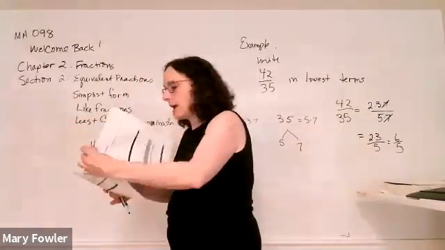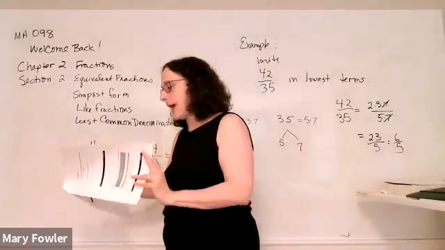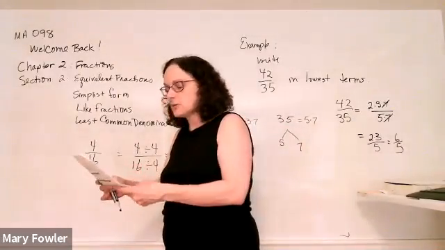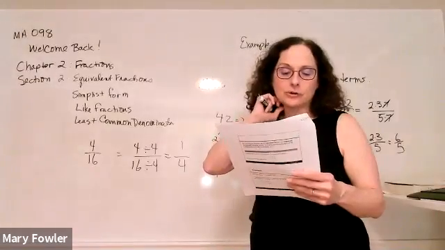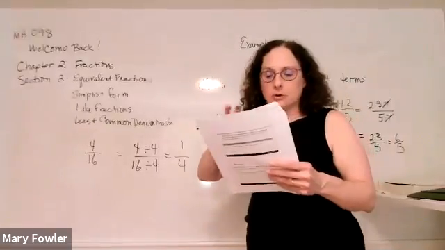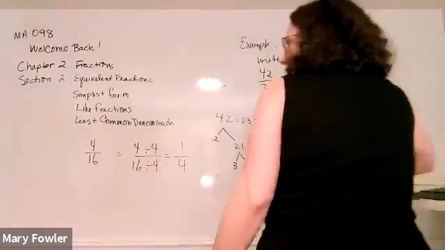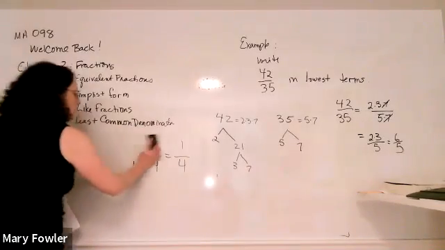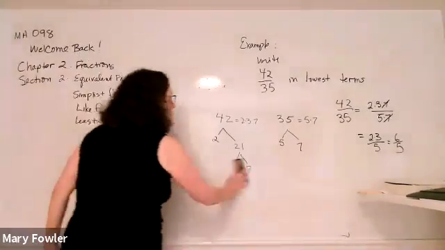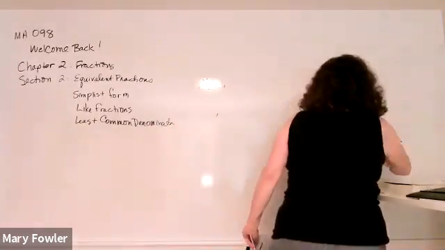Okay, and so then the other topic we want to cover before we wrap up this section is whether fractions are like or unlike. Like fractions have the same denominator, and unlike fractions have different denominators.